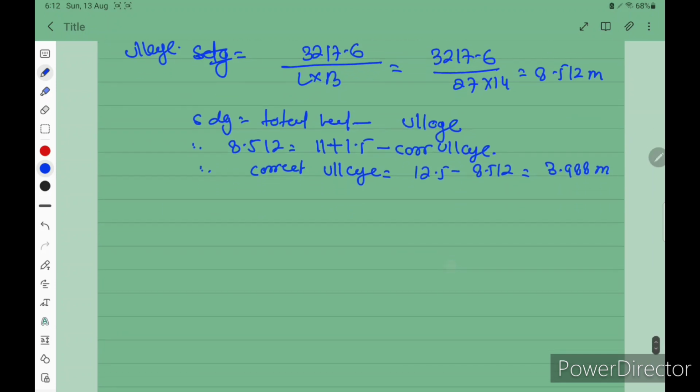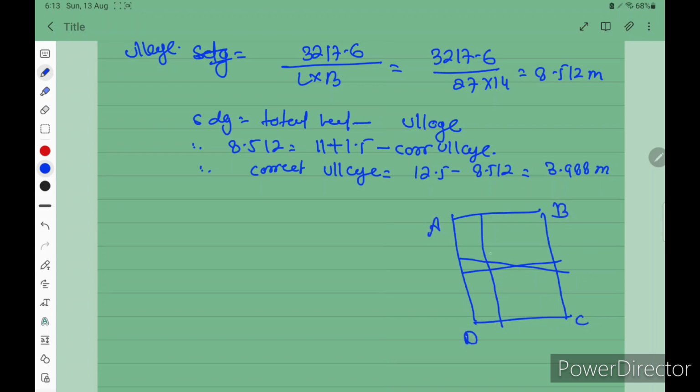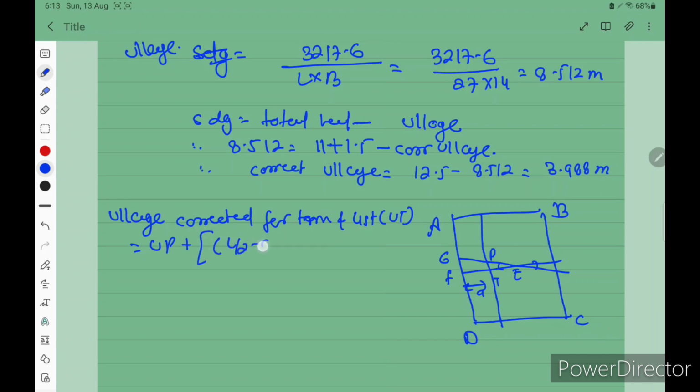Now we put this value in the formula. So ullage corrected for trim and list, UT, is equal to UP plus or minus L by 2 minus A into trim by LBP, plus or minus B into tan theta.